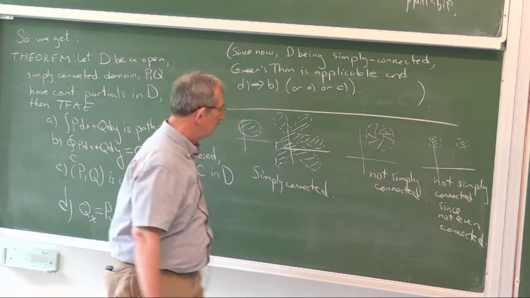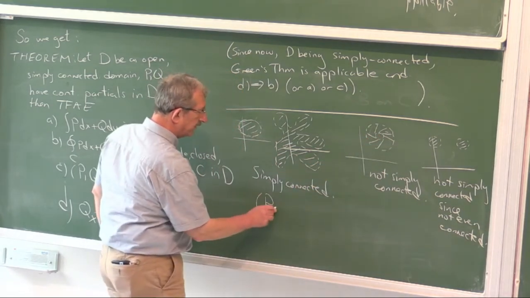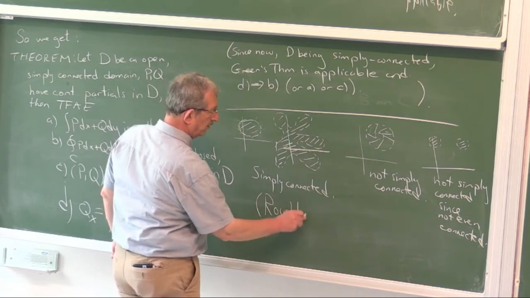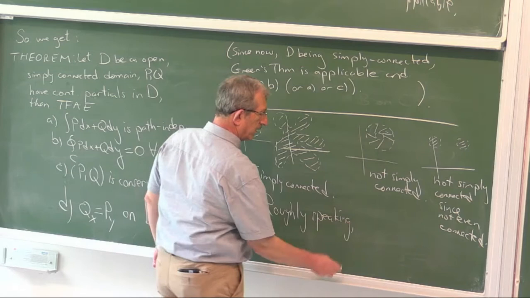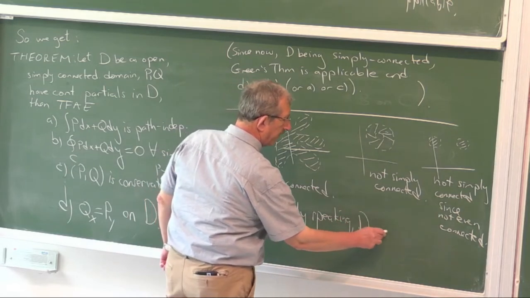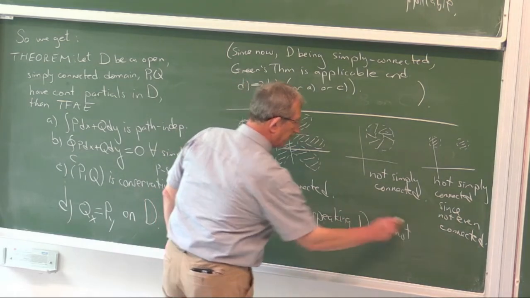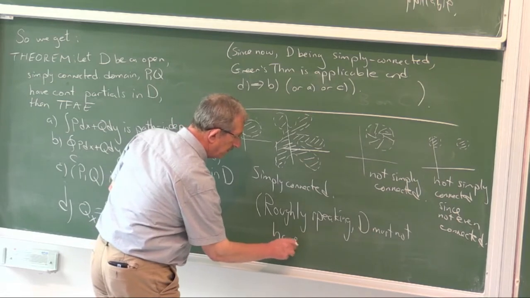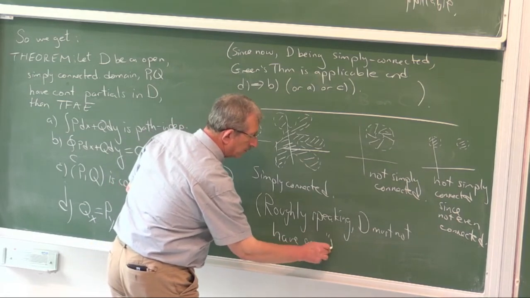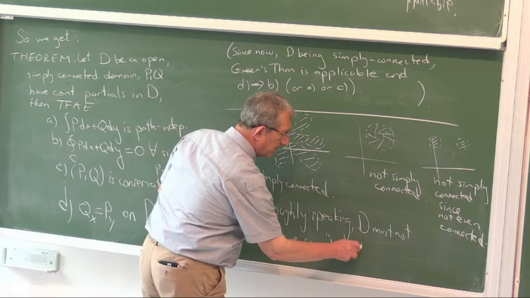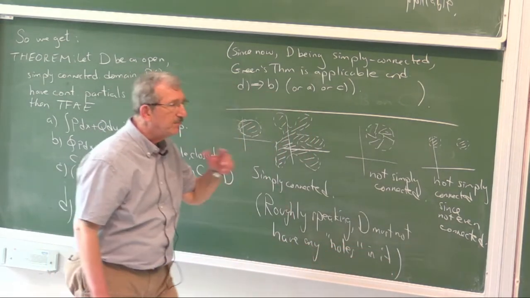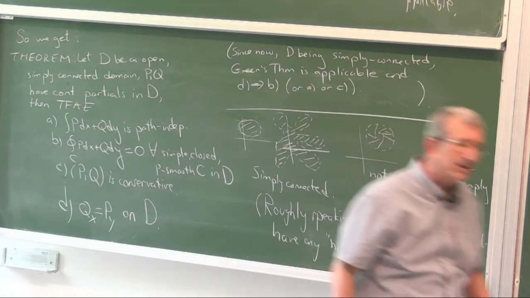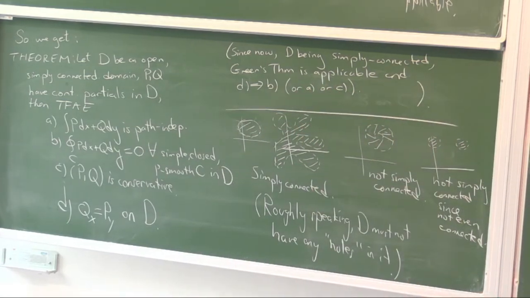So, roughly speaking, D must not have any holes. This hole can even be just one point. It's still not simply connected.